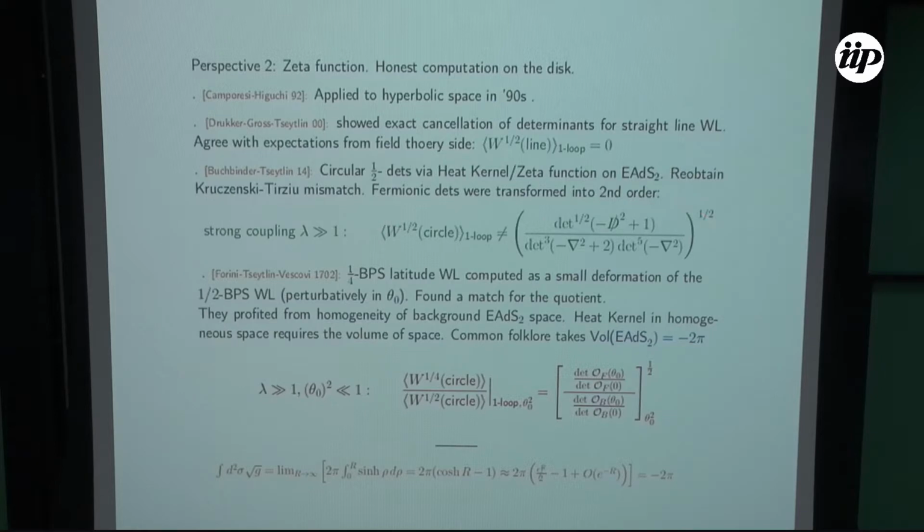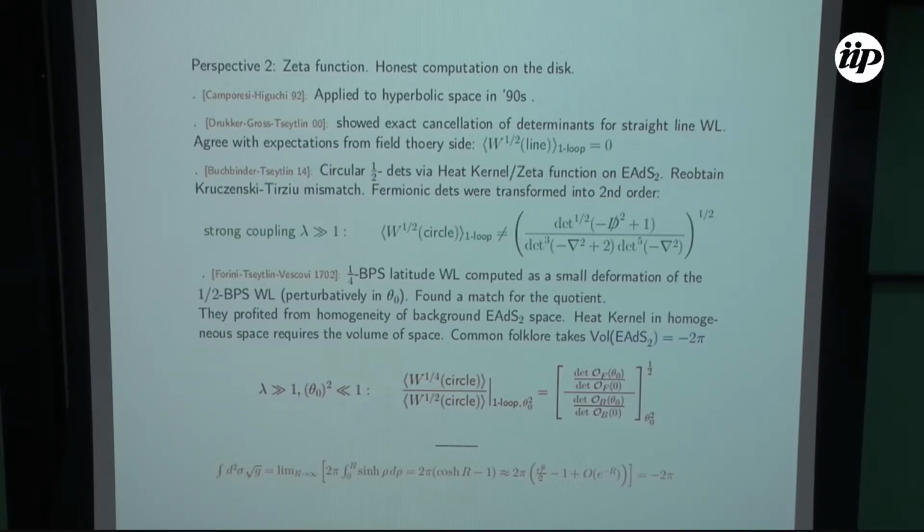Buchbinder and Tseytlin used the heat kernel zeta function for the determinants of the 1/2 BPS case and couldn't reproduce the result.